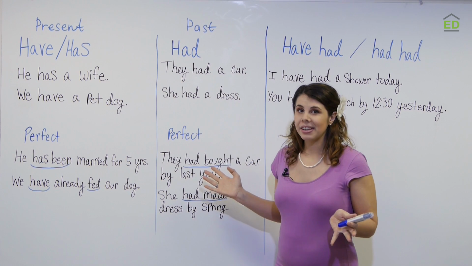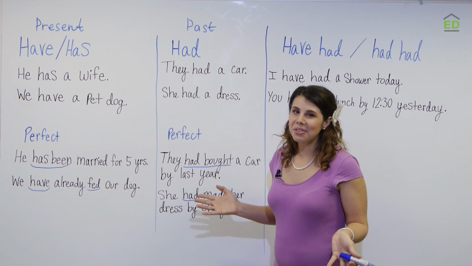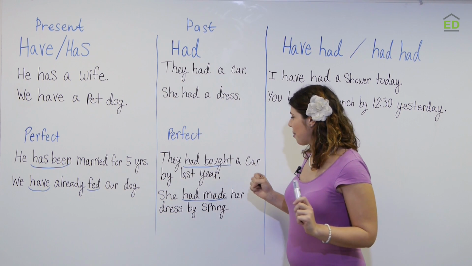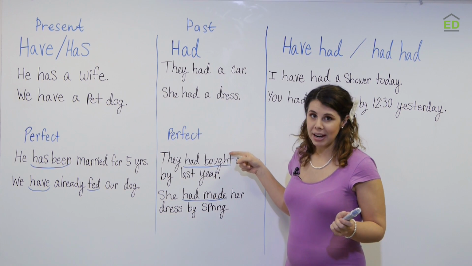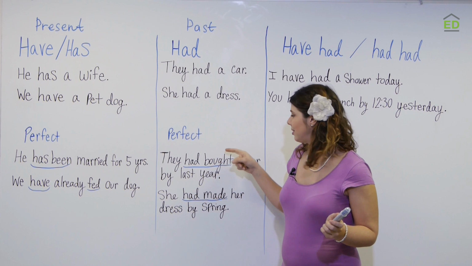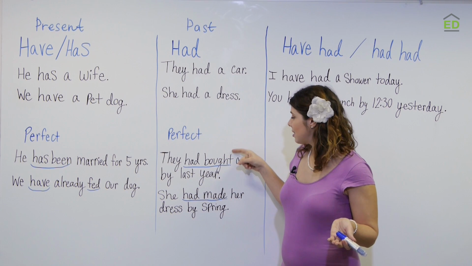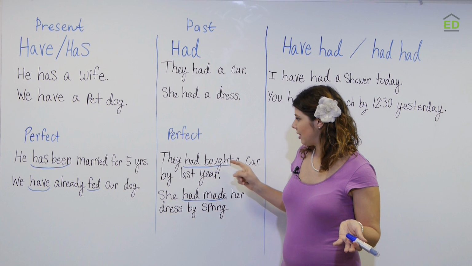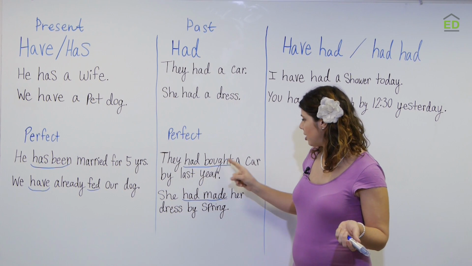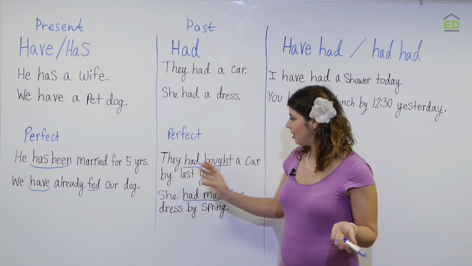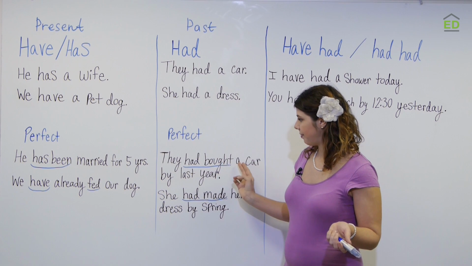So again, we have a lot of irregular verbs and we like to use them a lot. So we have here to buy, which is the main verb, and in the third form, it's bought. So they had bought a car by last year. That's the meaning of this one together.